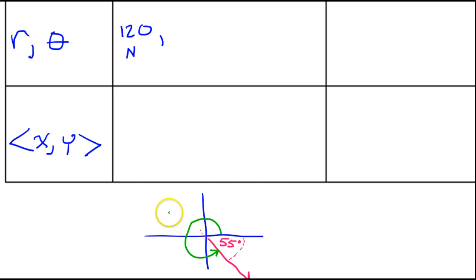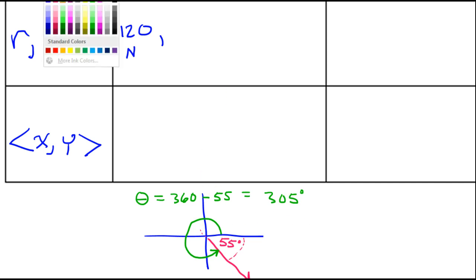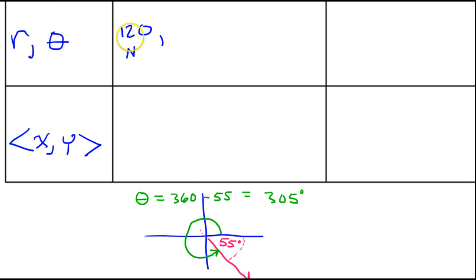So what I'm going to have to do is subtract from 360. So theta should equal 360 minus the 55. What's that? That's just going to be 305 degrees. That's the direction. So let's go ahead and record that. The magnitude was 120 newtons. The direction is 305 degrees.